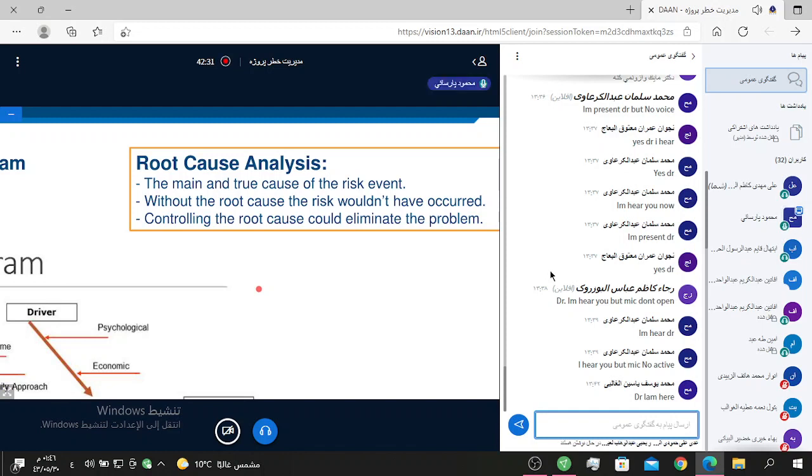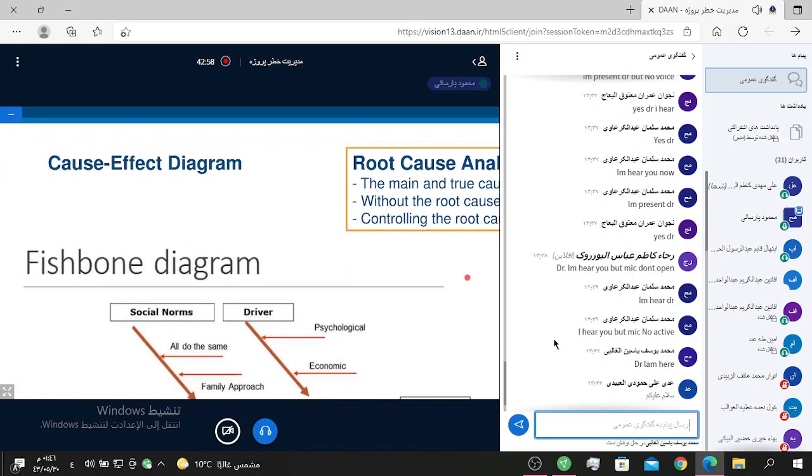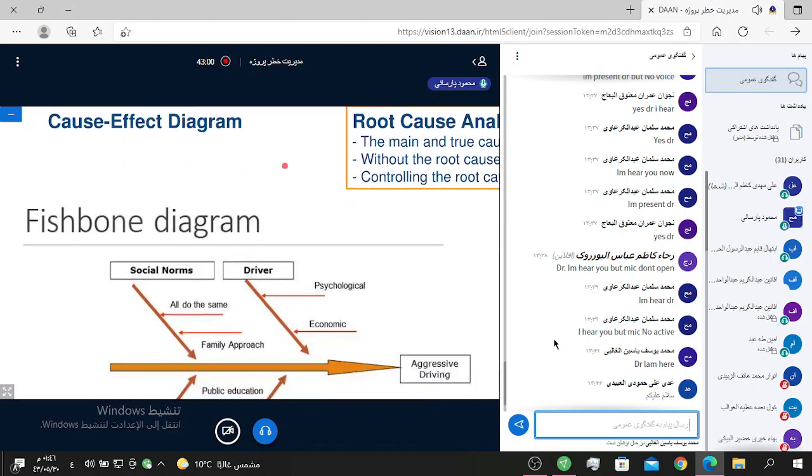And the second one, without the risk cause, the risk wouldn't have occurred. Without the root cause, the risk wouldn't have occurred. Is that clear? And the last one in the box, controlling the root cause could eliminate the problem. Okay.